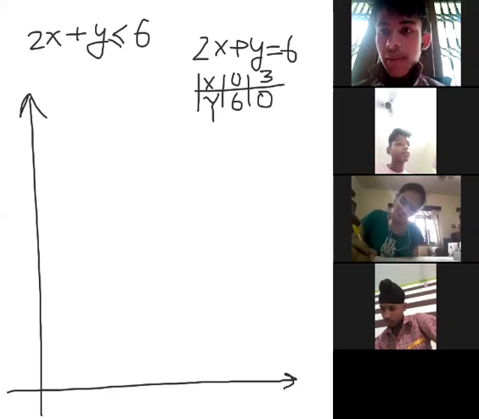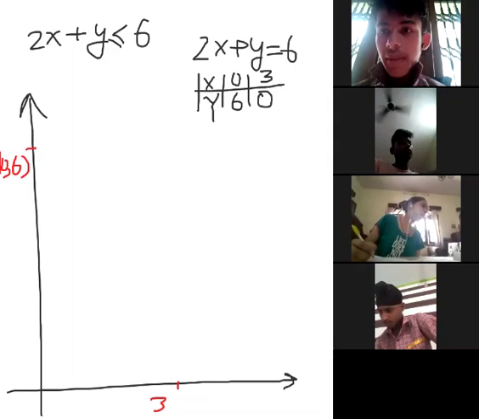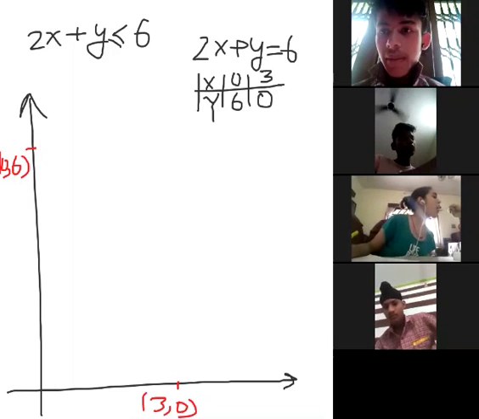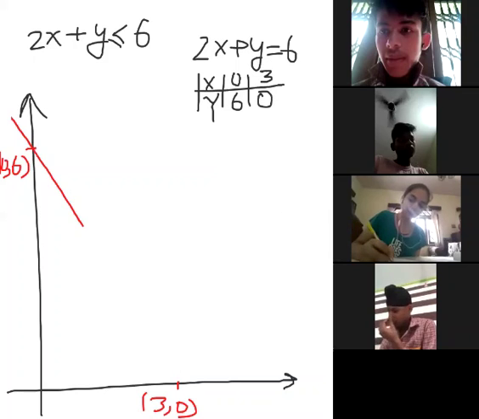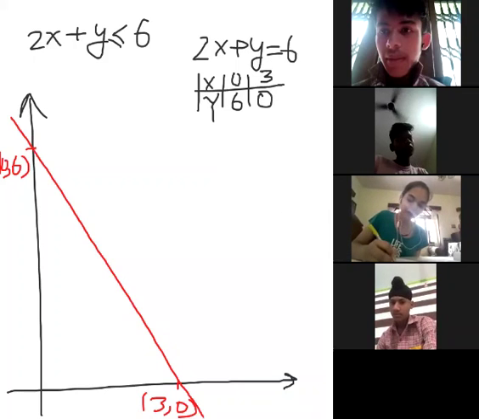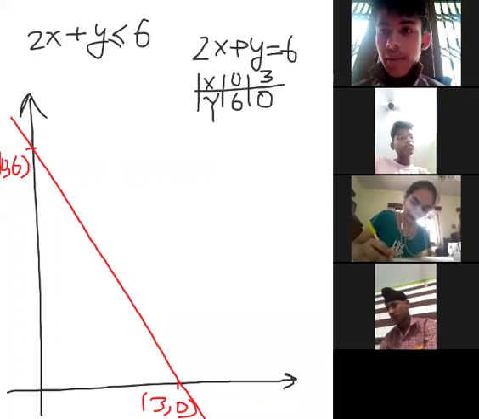So for the graph, when x is 0, y is 6, and when y is 0, x is 3. Now we will be joining these two points. This will be the line. Now we are able to see the line.